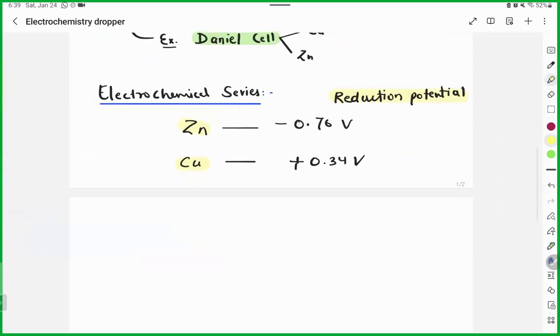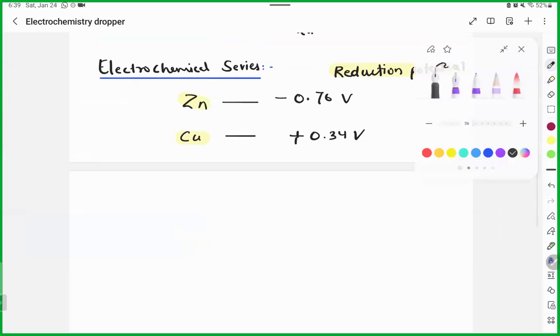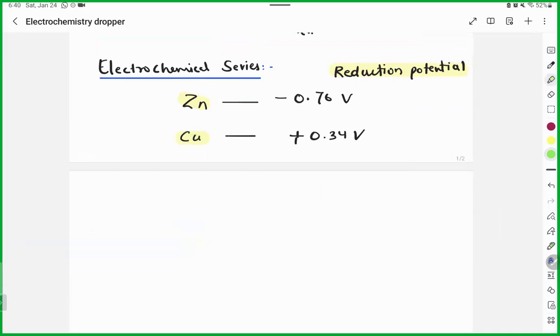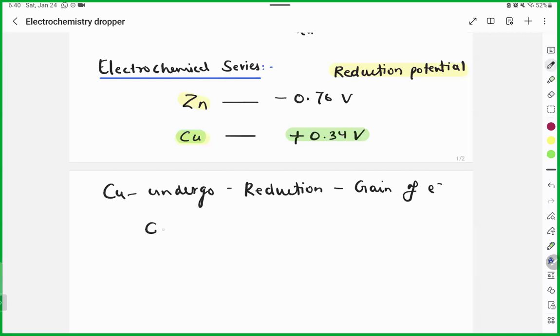So, example, Chandana, if we compare these two elements, which element will have more reduction potential? Copper. It means copper can undergo reduction. And when copper undergoes reduction, what will happen? Reduction means gain of electron. It means copper will gain 2 electrons and convert into copper 2 positive ion.